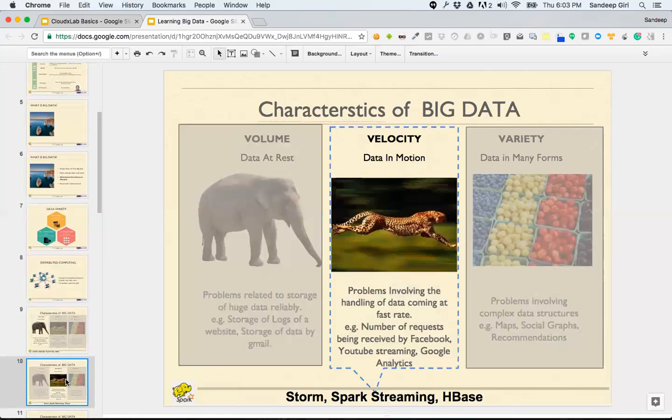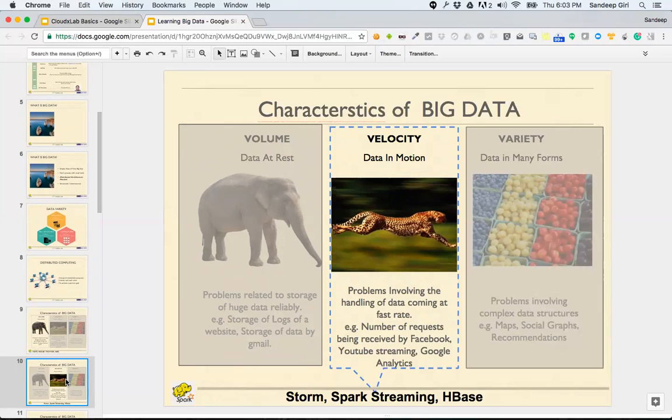Now, the second characteristic of big data is velocity. It is the problem involving handling of data which is coming at a fast pace, the data in motion.